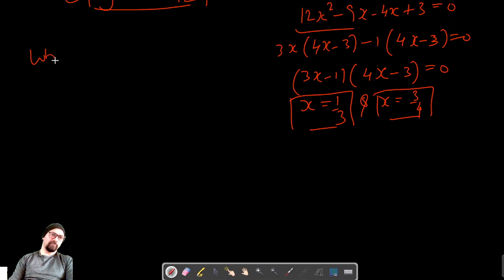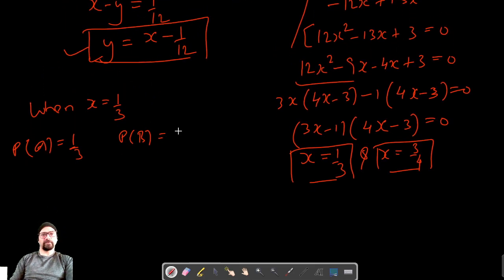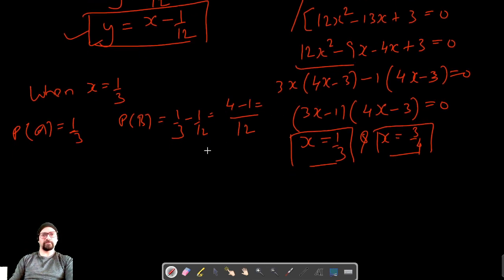Okay, now we have to find the probability of A and B. When x is equal to 1 by 3, probability of A is 1 by 3, and probability of B, which is Y, is 1 by 3 minus 1 by 12, which gives me 4 minus 1, which is 3 by 12, and this is 1 by 4.